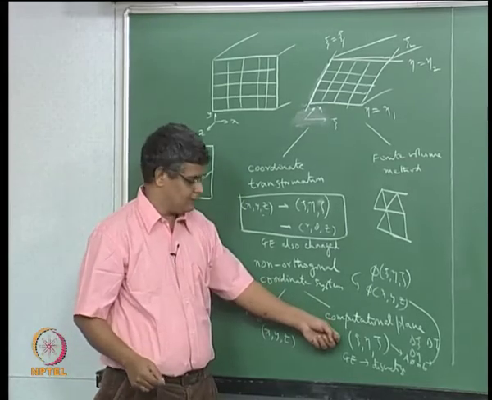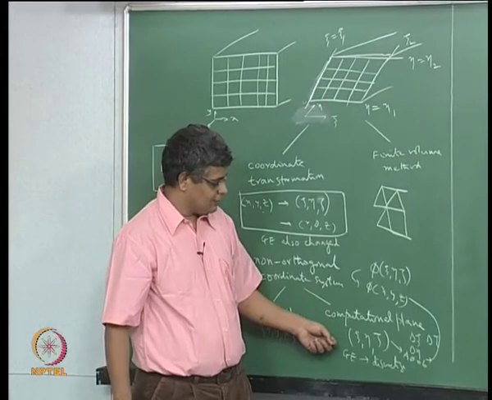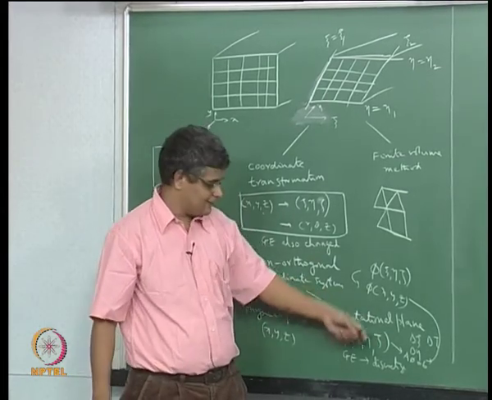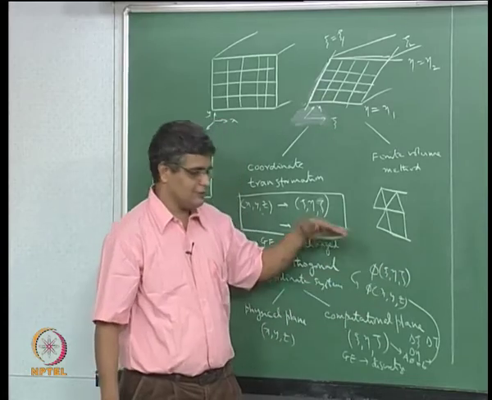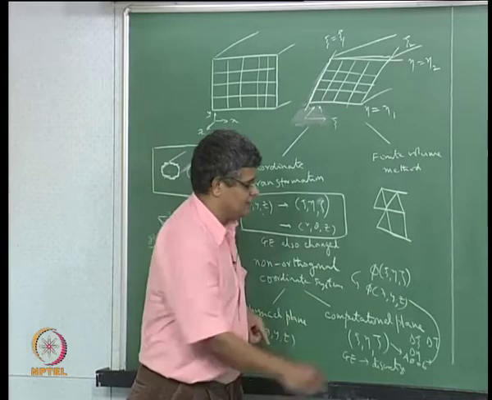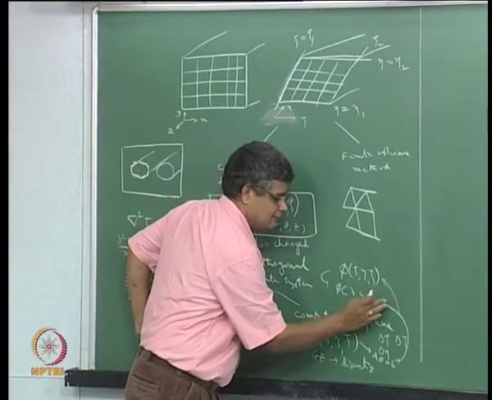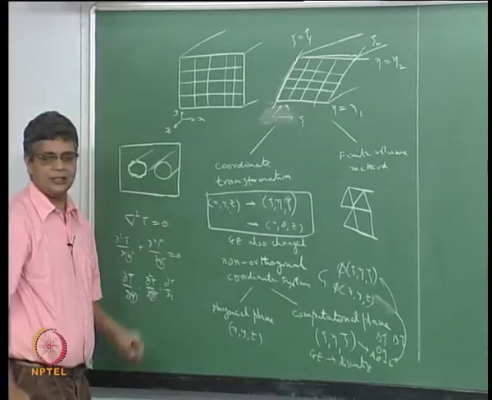So there is a one-to-one mapping between a point in the physical plane and a point in the computational plane. We do all the computations, that is starting with the governing equations, discretization, analysis, converting into A phi equal to b, and solution of the simultaneous equations, and finally we get the solution of phi in the computational plane.